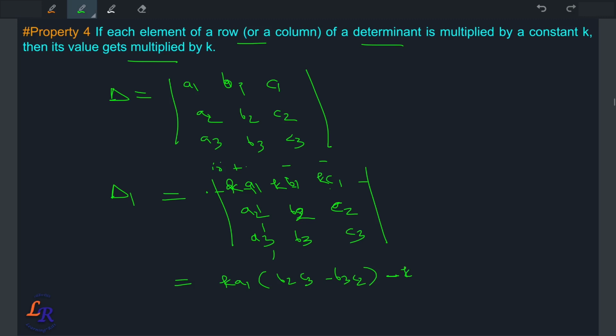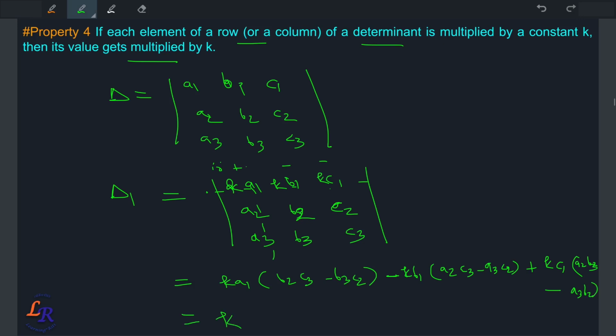So this will be KB1, and then you leave this, so it will become A2 C3 minus A3 C2, plus you expand this KC1, and then you can write A2 B3 minus A3 B2, right?